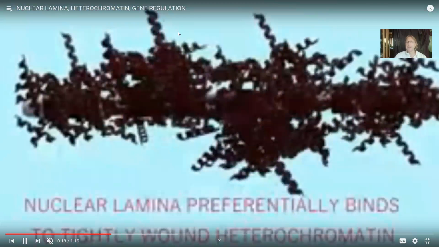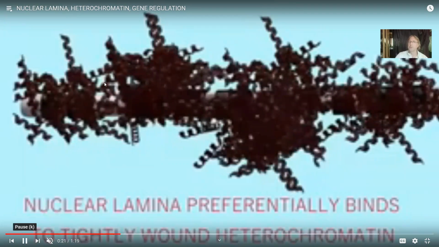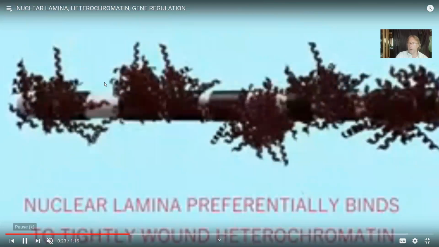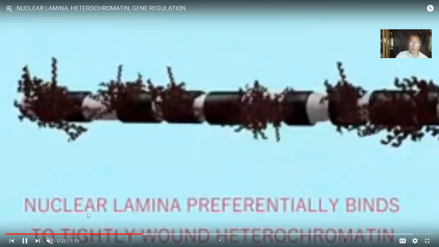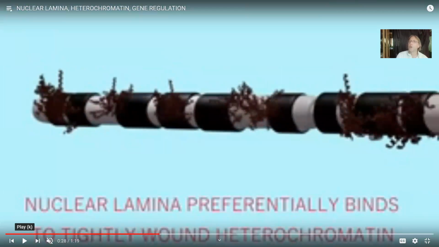So notice the DNA starts as this unwound chromatin, but we can now tightly wind it to form a heterochromatin as opposed to the unwound euchromatin. And so once we wind it very tightly, we now have what's called a chromosome. So the DNA has always been there, but at the beginning we called it chromatin, the unwound form that wasn't ready to be moved. Now we have a chromosome that is ready to be moved.